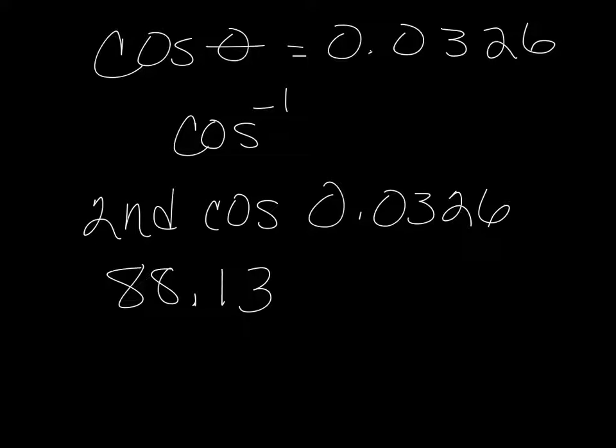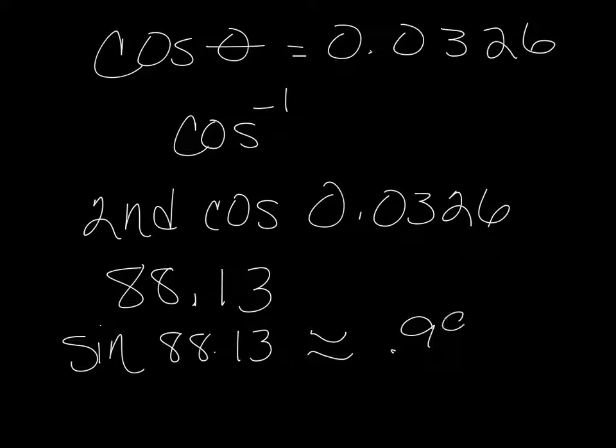So that's theta. So if I want to find sine of theta and tangent of theta, now all I do is punch in sine of 88.13. The curvy lines mean approximate, so I'm going to hit sine of 88.13 on my calculator, and I get approximately 0.9995 if I round.